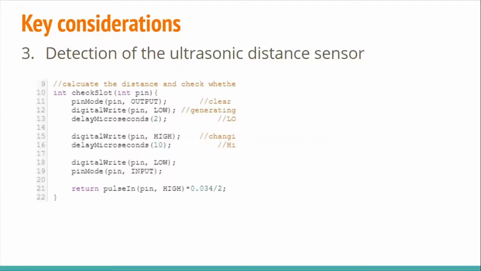In this function called check slots, we generate a pulse and calculate the distance of the object.